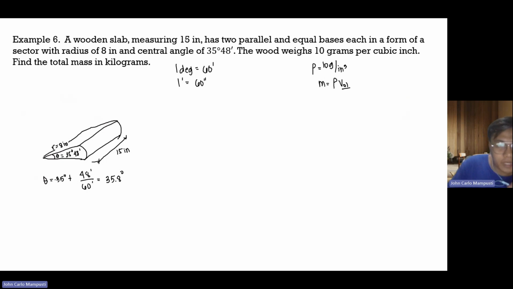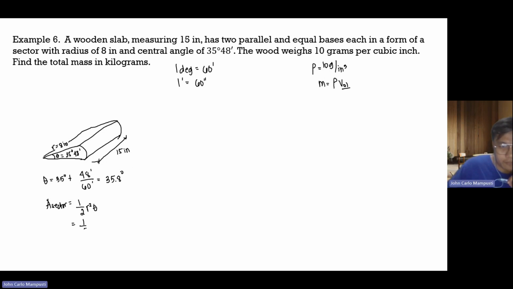Okay, so we need to find the area of the sector. So unahin muna natin yung area ng sector natin. So area ng sector, ano ulit yung area ng sector natin? 1/2 r squared theta. Pero dapat in radians to, no? Dapat multiply natin siya ng pi over 180.